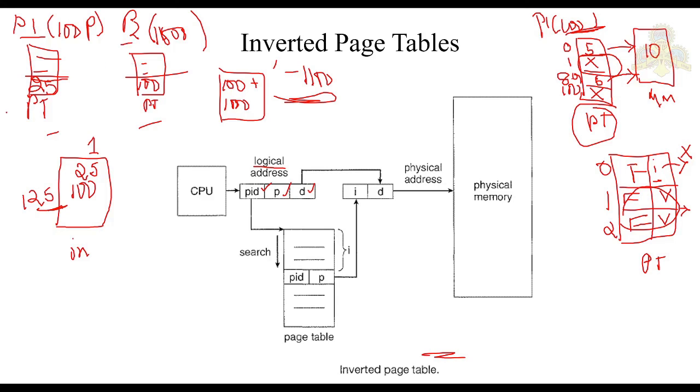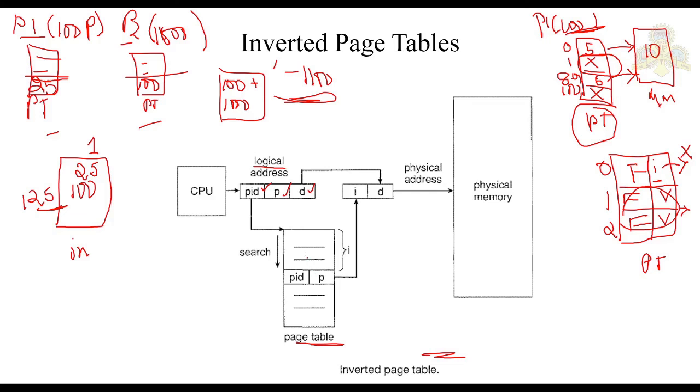Now, whenever the CPU generates a logical address, it is divided into three parts: process ID, page number, and the displacement. This is your inverted page table. First, along with your process ID, the page number will be given as an input to your inverted page table, and the inverted page table would be searched for that particular process ID and then the page number.